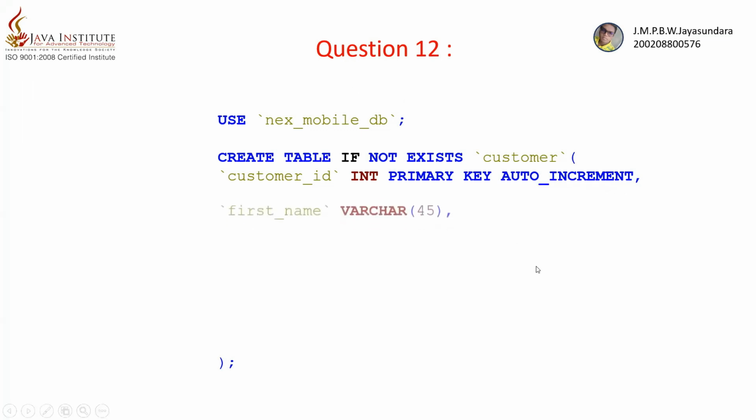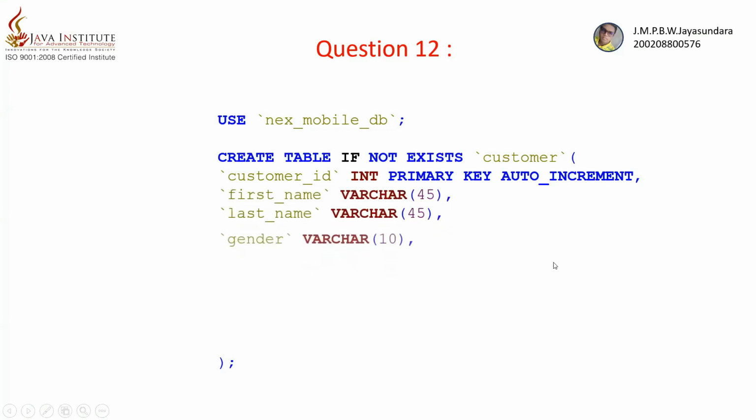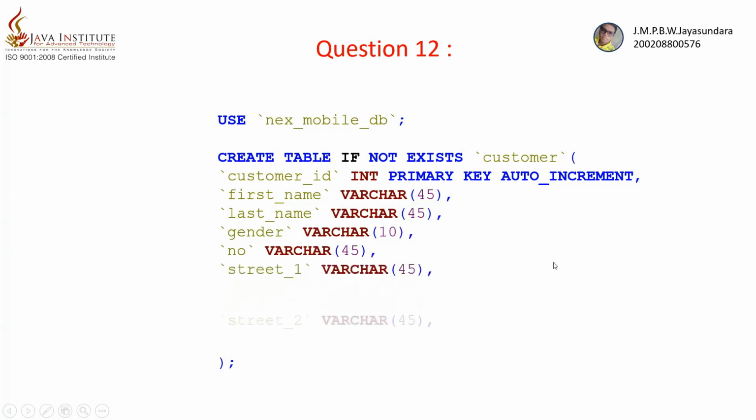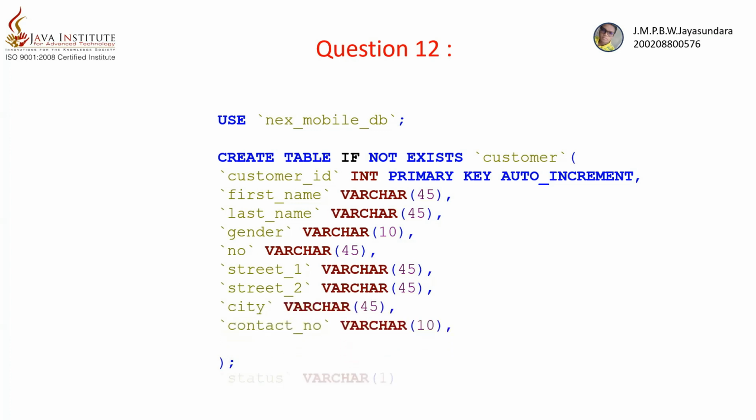After that, in here we have inserted our first name column, last name column, gender column, street 1 column, street 2 column, city column, contact number column, and status column. Here we have inserted data types for these columns, and then in here we have our data lengths for these columns. So let's go and create this table.